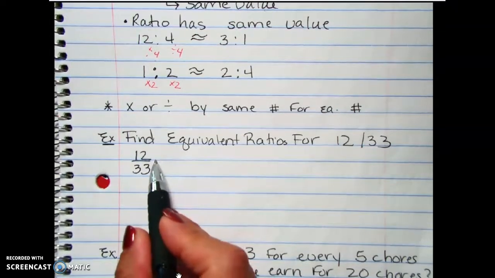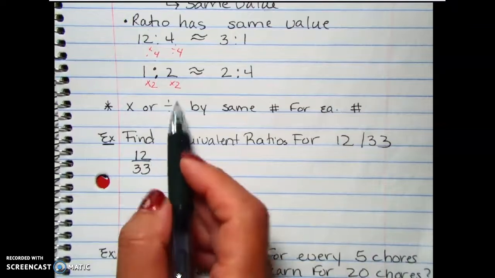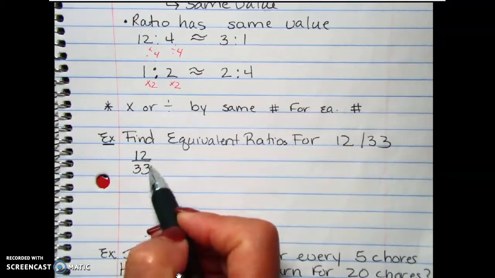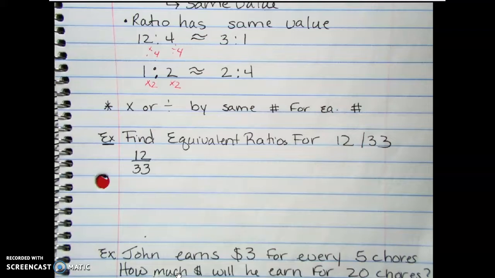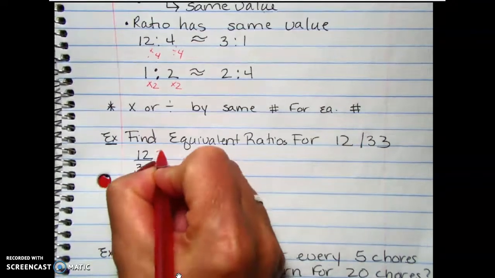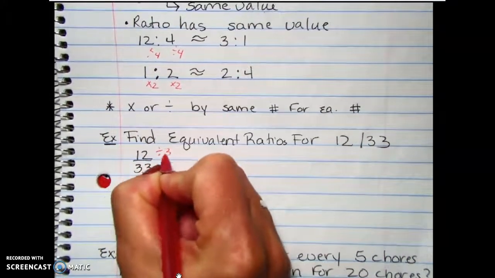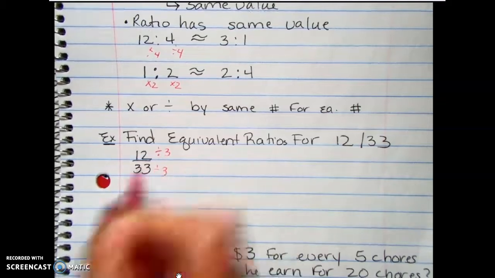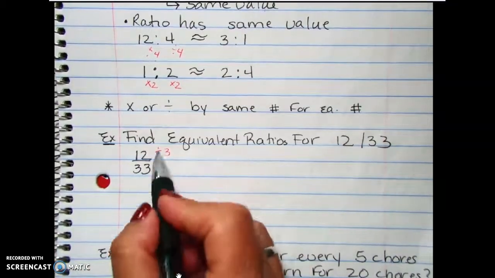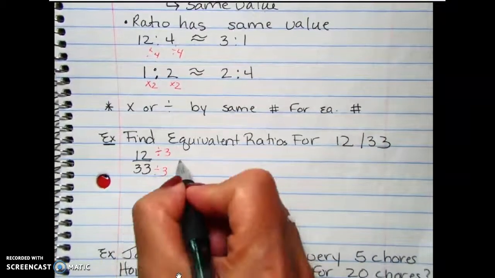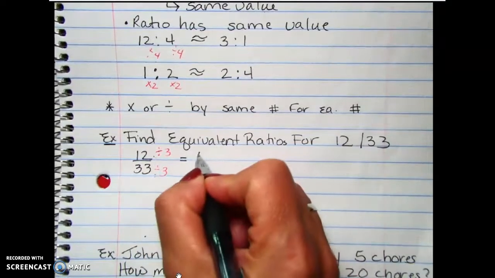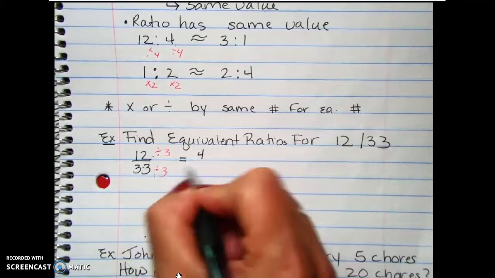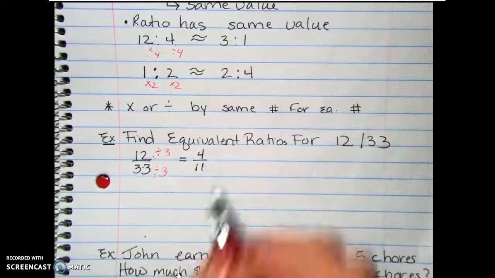So when I look here, I can multiply or I can divide. So actually, I can simplify this. Remember, that's what we did yesterday. Both of these share the factor 3. So I divide both by the same number. 12 divided by 3 is 4. 33 divided by 3 is 11.